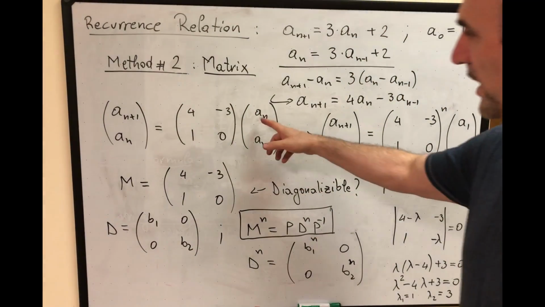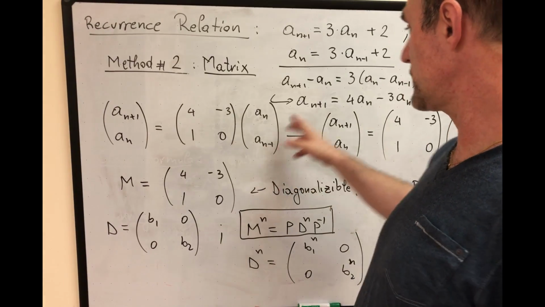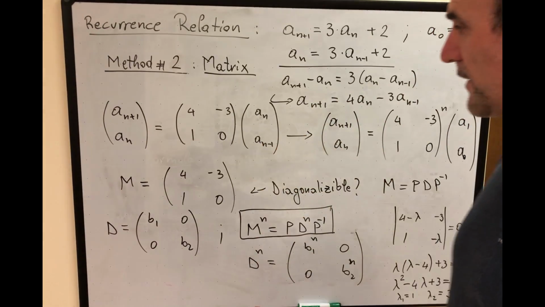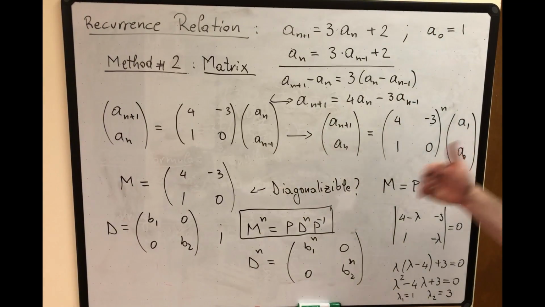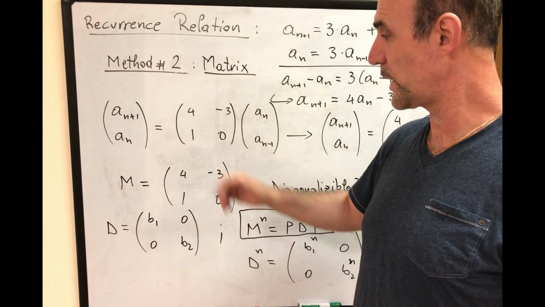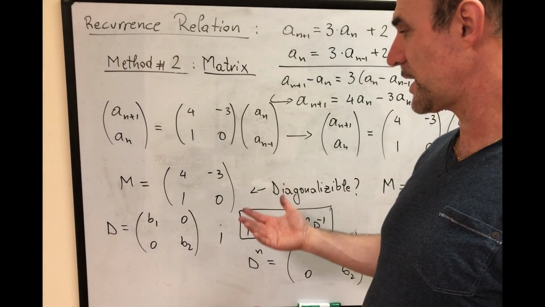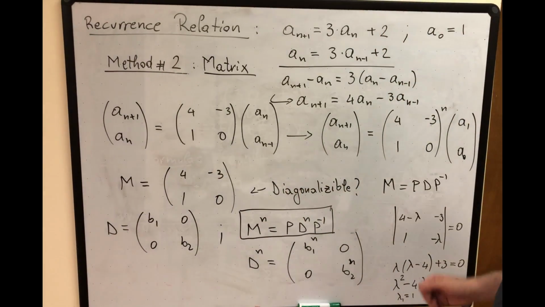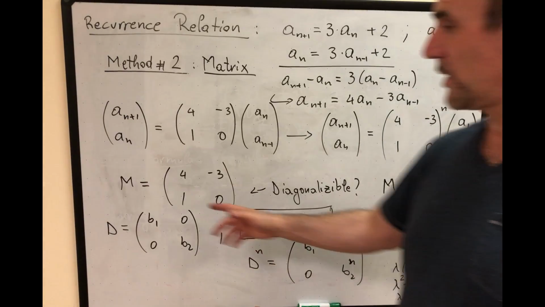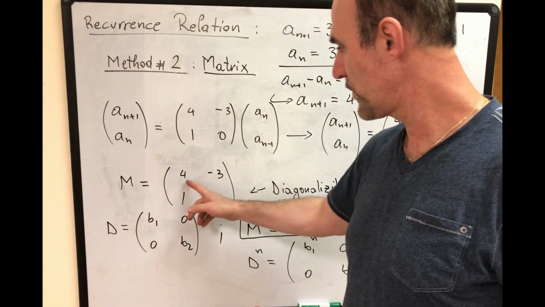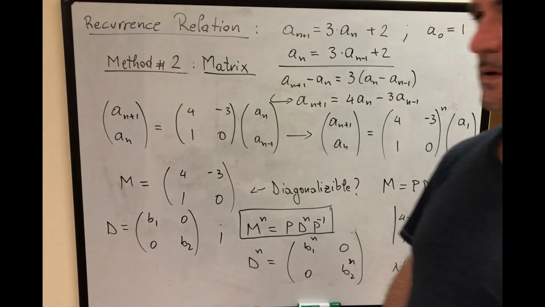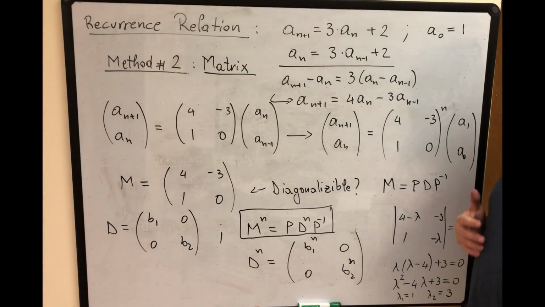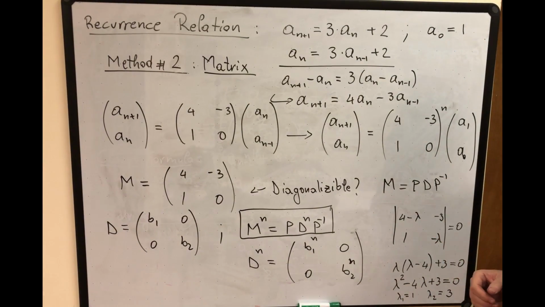You can go from a of n minus 1 to one index lower, multiplying by the same matrix, right? So it's going to come down to calculating the powers of the matrix M, 4, negative 3, 1, 0. And the question is, is there any easy way to calculate the nth power of this matrix?